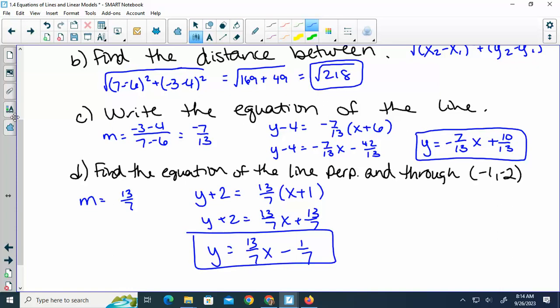Well, the slope is 0. The equation is y equals a number. What about a vertical line? X equals a number. The slope of that would be undefined. What kind of line is going to be perpendicular to a horizontal line? Yeah, horizontal and vertical are perpendicular. We can't really do the opposite reciprocal necessarily on those, but we should know that those are perpendicular.